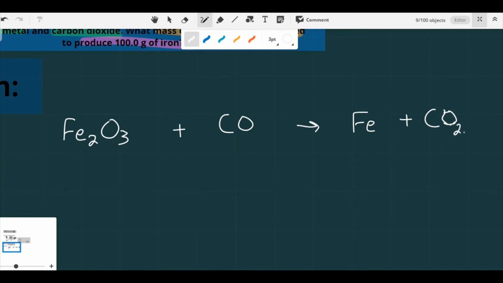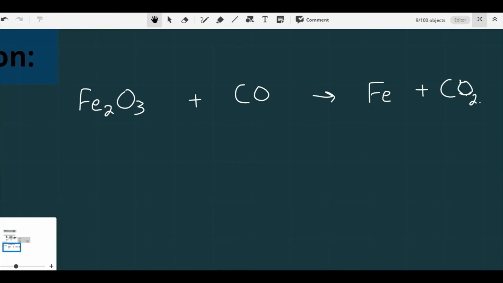Now you need to balance this equation. You can see there are 2 irons in iron oxide while there is only 1 on the right, so you need to write a coefficient there.